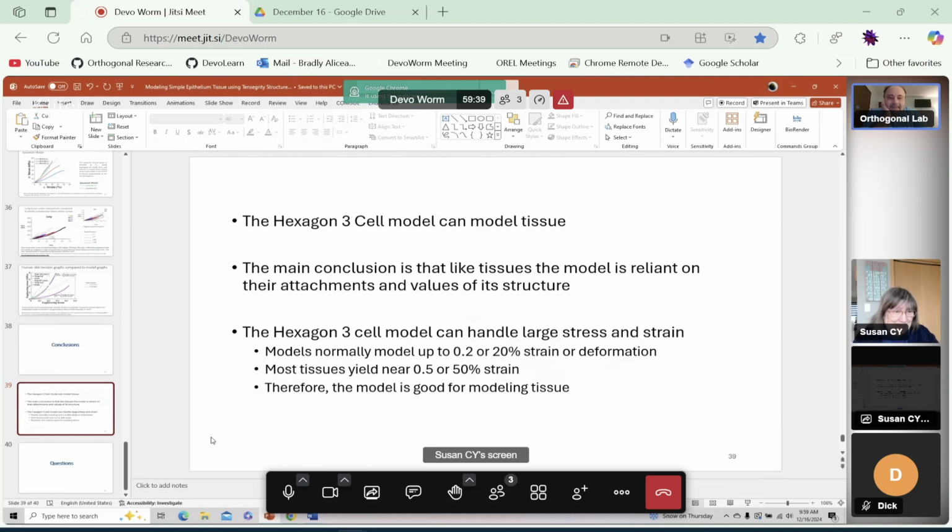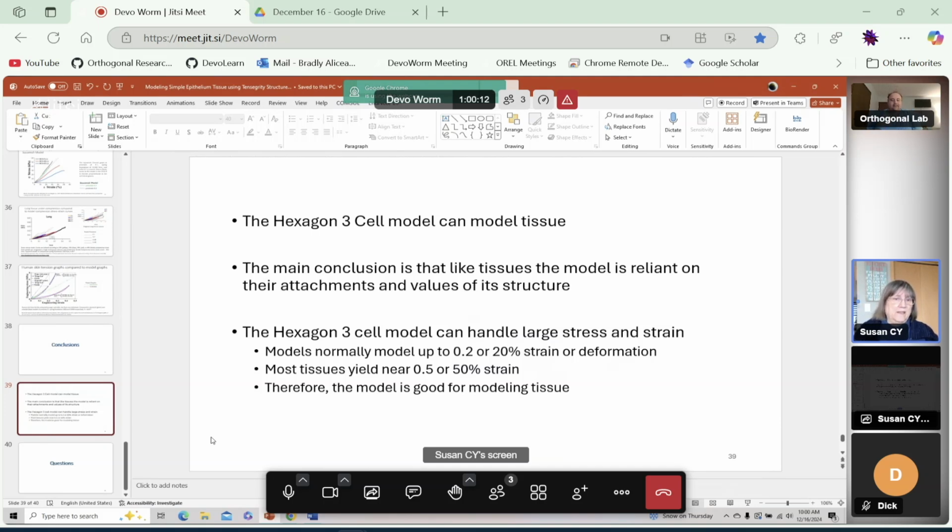I've proven that my model can model tissue, and that tissues are reliant on their attachments and also the values of their structure. My 3-cell model can handle very large stress and strain.